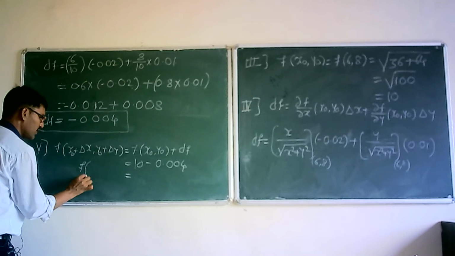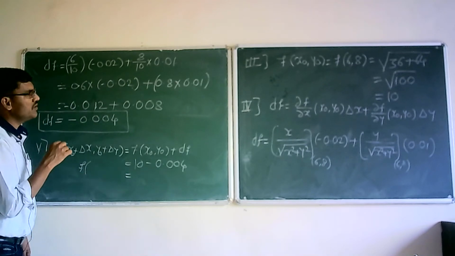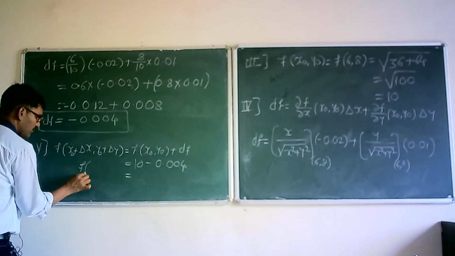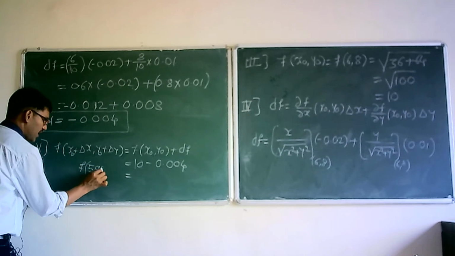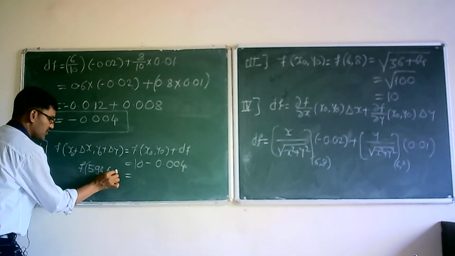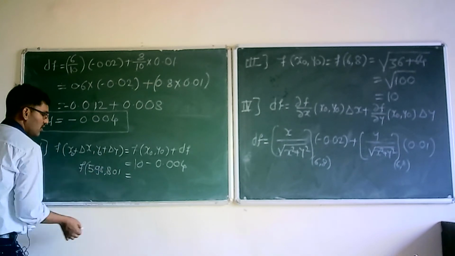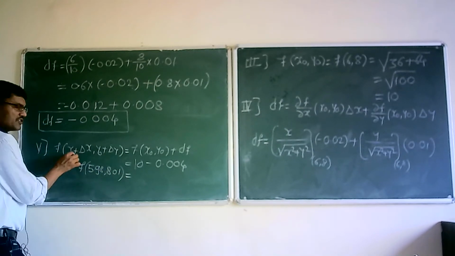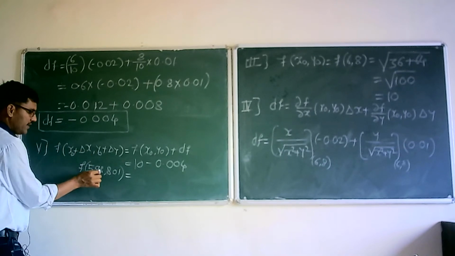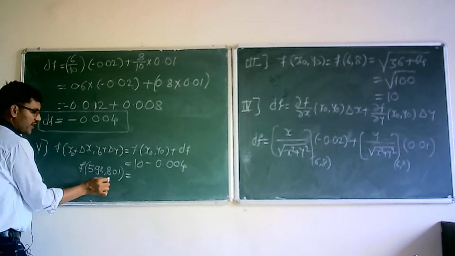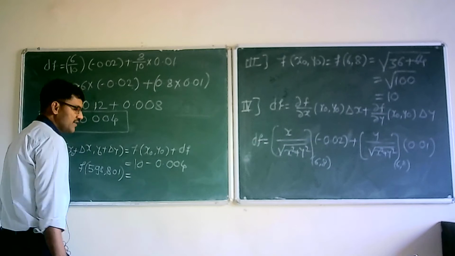But what is f of x0 plus delta x, y0 plus delta y? x0 plus delta x is 5.98, and y0 plus delta y is 8.01. So it is equal to 10 minus 0.004.